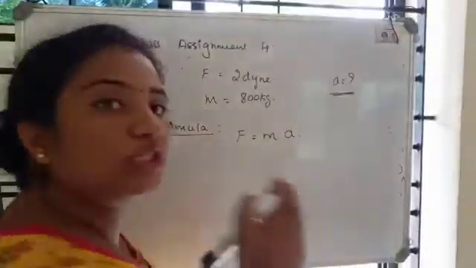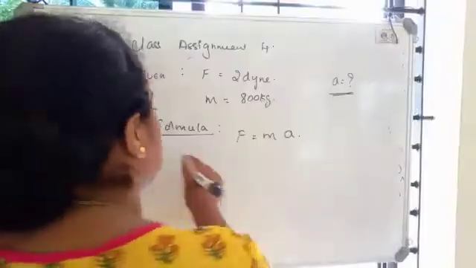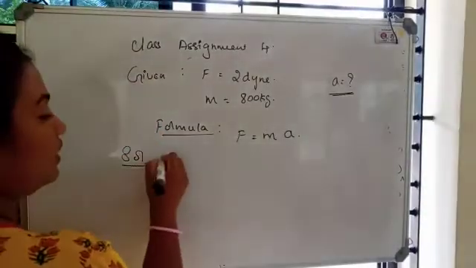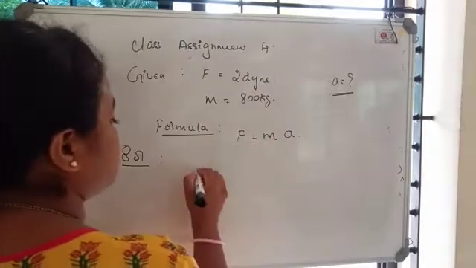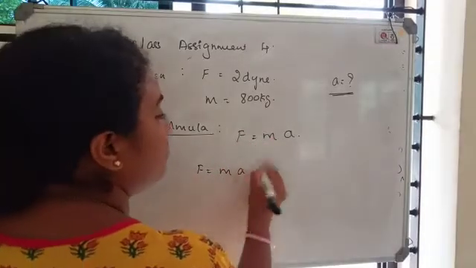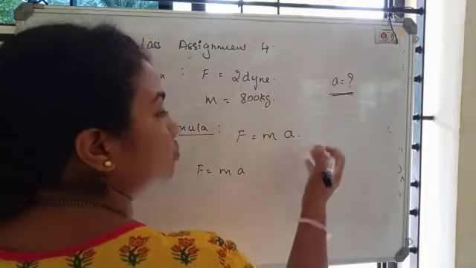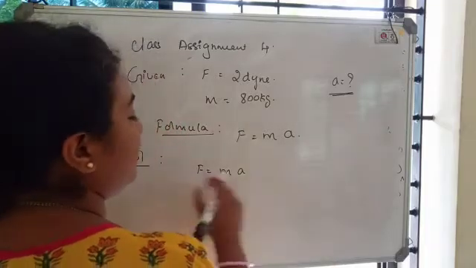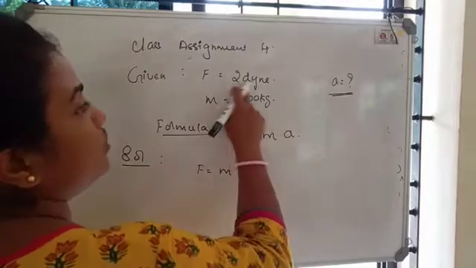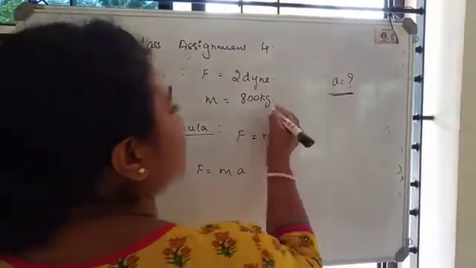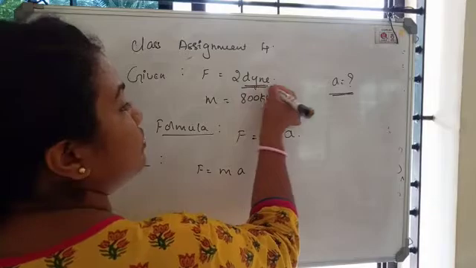After finding the suitable formula, the next section is the solution section, in which you choose the formula you have written in the formula section. If there is more than one formula, choose the ones you have to use, then substitute. What is the value of F? That is 2 dyne. Now you can see that the mass is in kg and the force is in dyne.